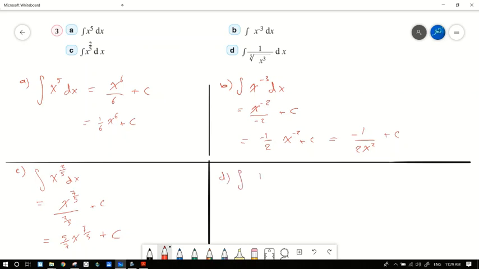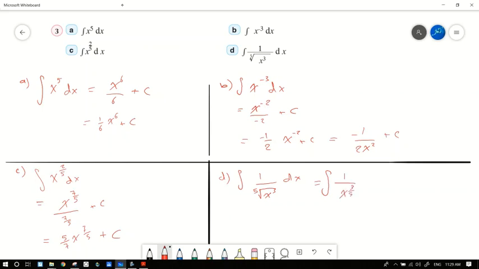Integration of 1 over the 5th root of x power 3 dx, which can be written in a simpler form. It will be integration 1 over x power 3 over 5.